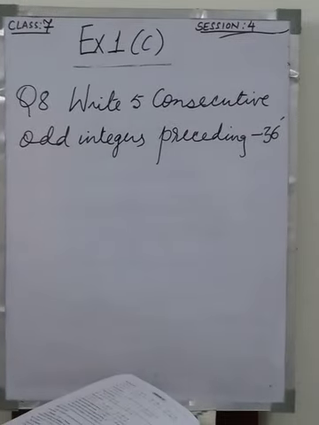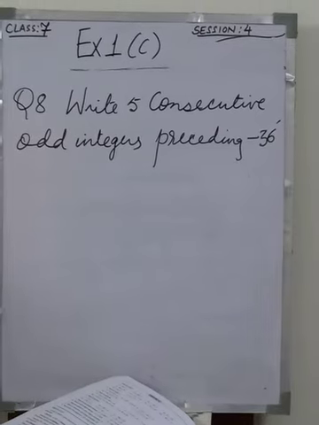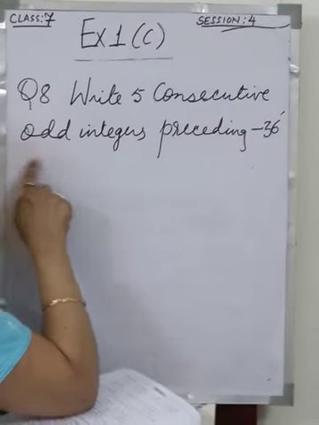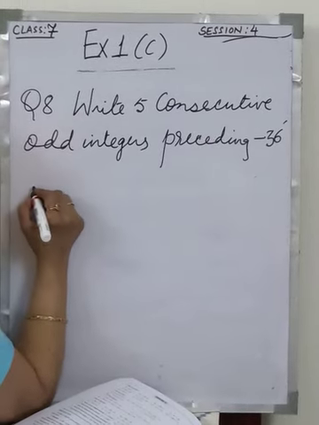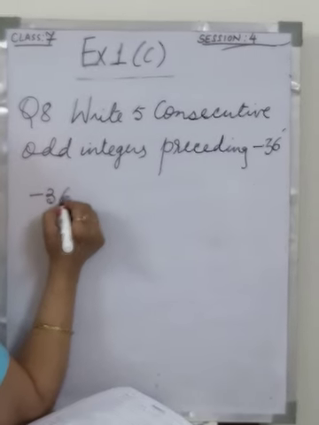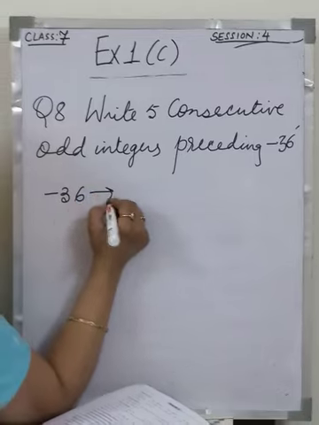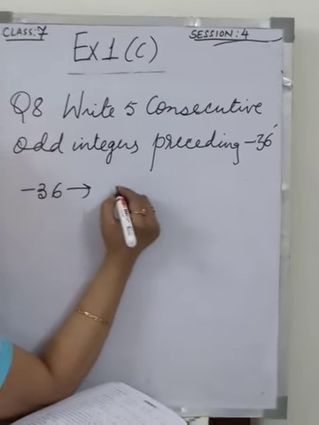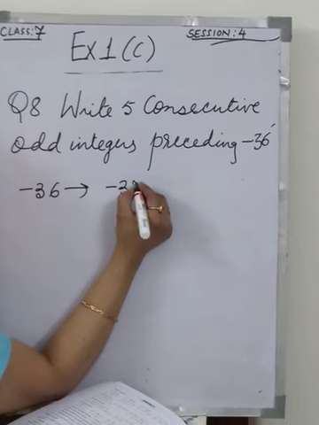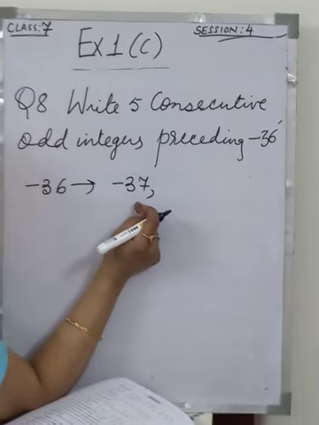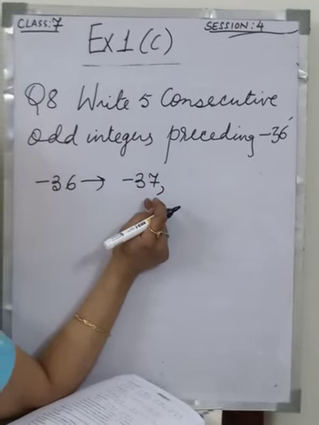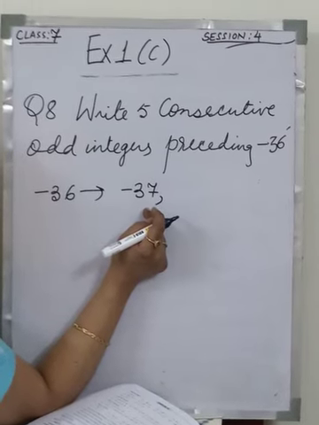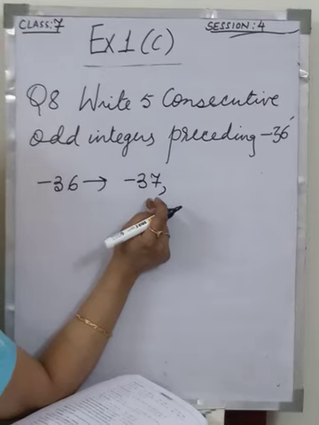Preceding means before, and we are looking for odd numbers. So before minus 36, which number do we have? Minus 37. It is odd. Before minus 37 we have minus 38, that is even, so we can't write an even number.